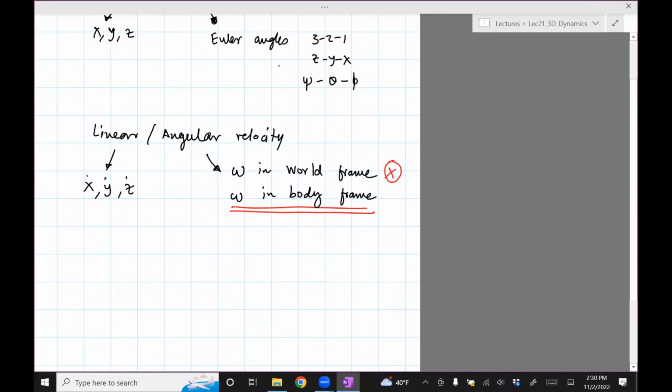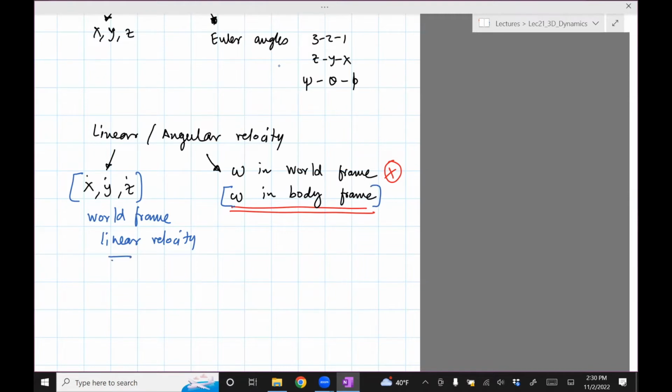Okay, so this is kind of interesting, and this is something which you want to remember. This is world frame linear velocity. And this is angular velocity in body frame.